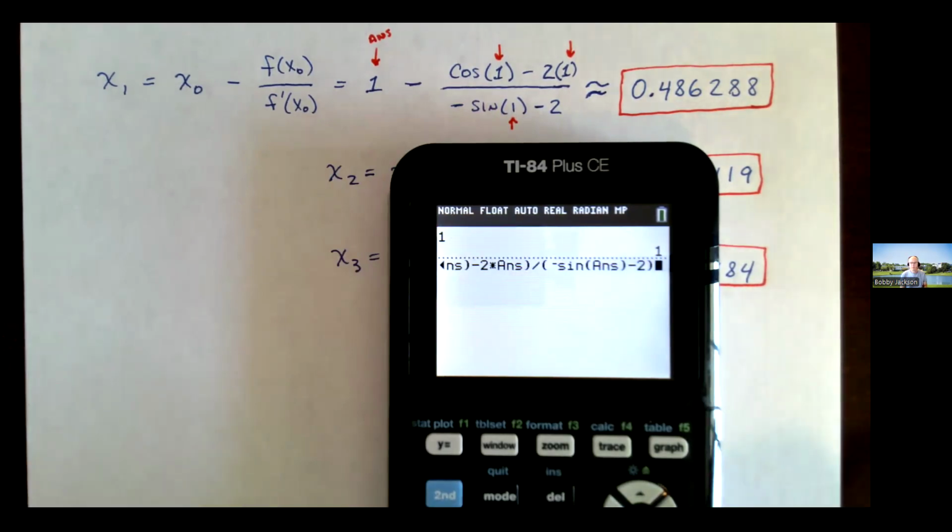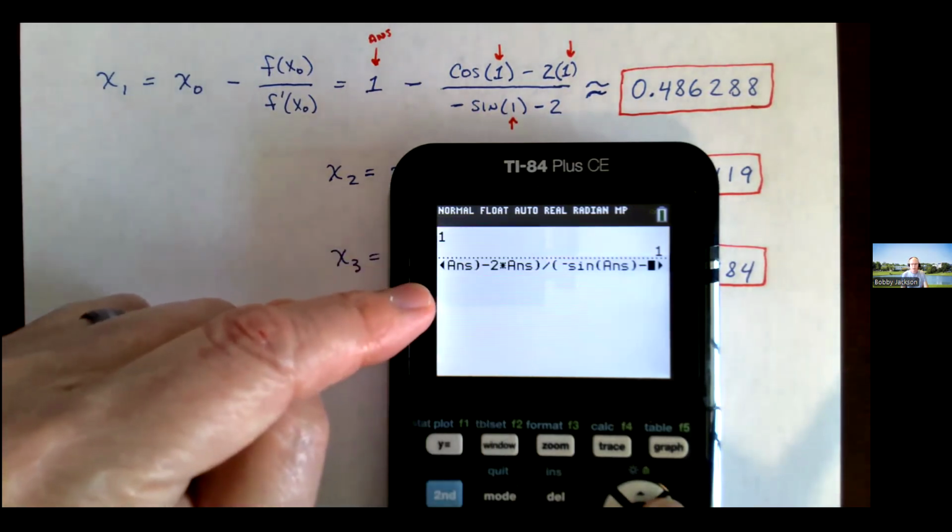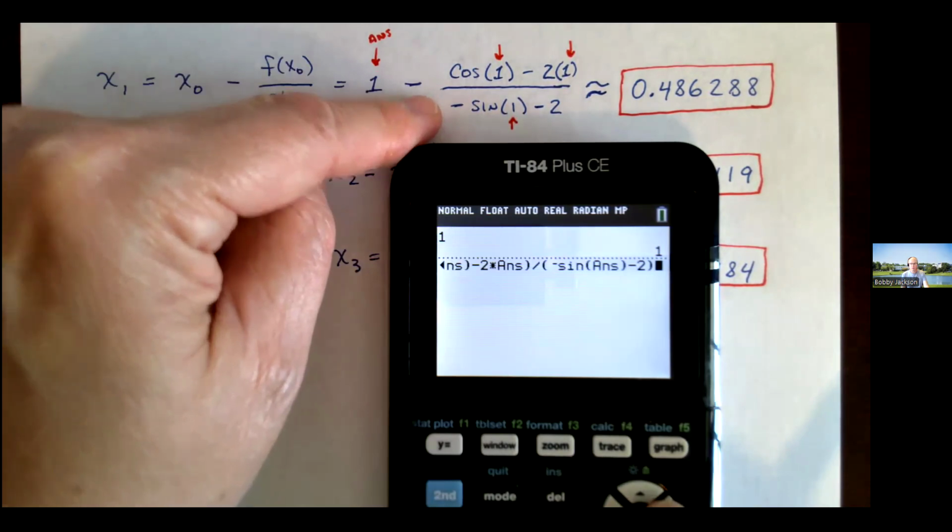Close the parentheses. Okay, so a lot going on there. You want to make sure you've got parentheses around the denominator, parentheses around the numerator, and again, replacing x sub 0 with answer. Since x sub 0 is 1 and 1 is now stored in answer, this will do this calculation for us.